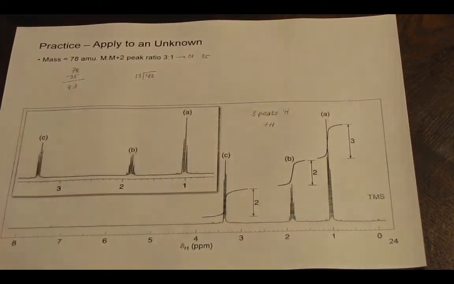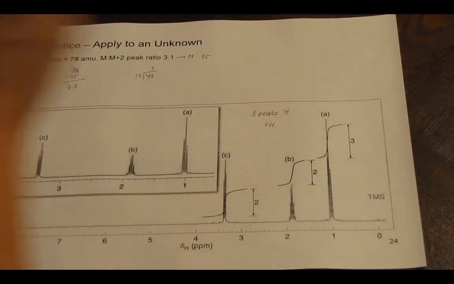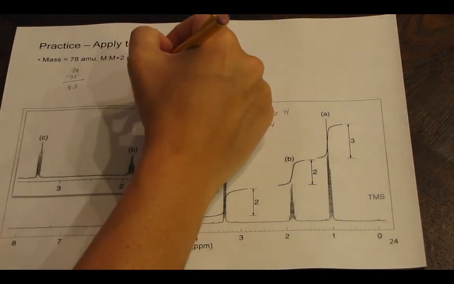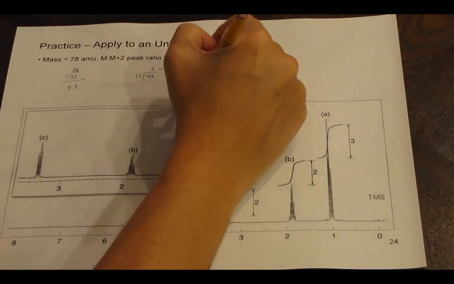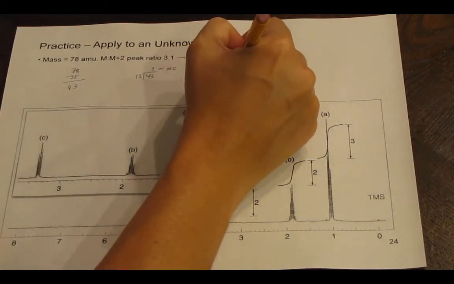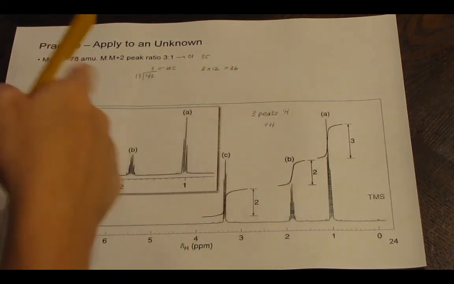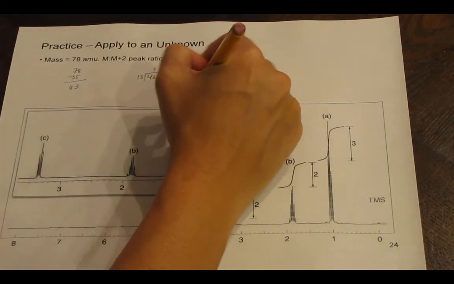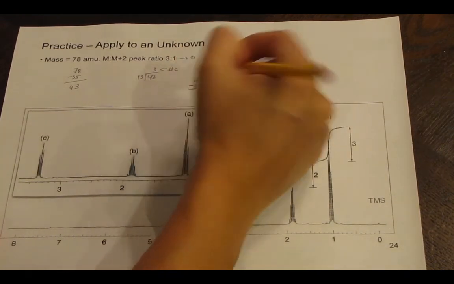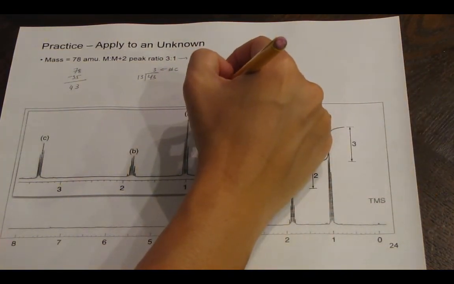So I'm going to divide it by 13, which is 3. It has to be a whole number, and that's the number of carbons. Okay. And then you take 3 times 12, which is 36. So of that 43, 36 is due to carbon. And what's left over is 7, and that's due to H.